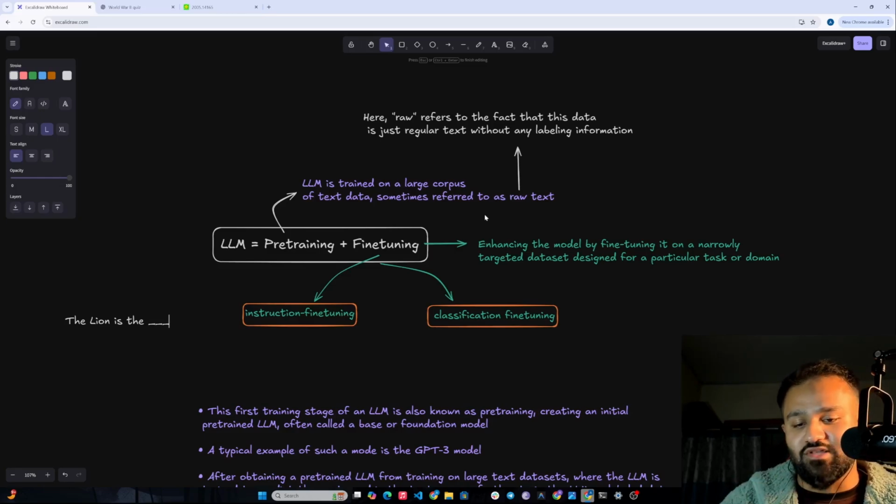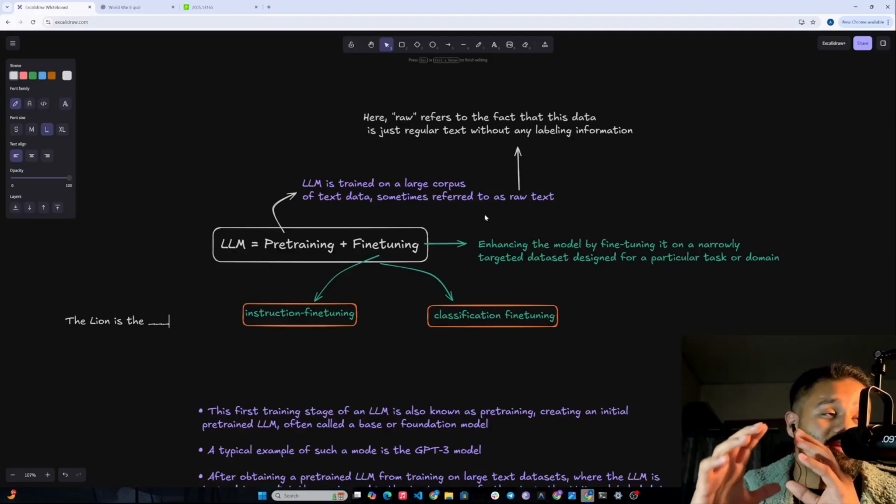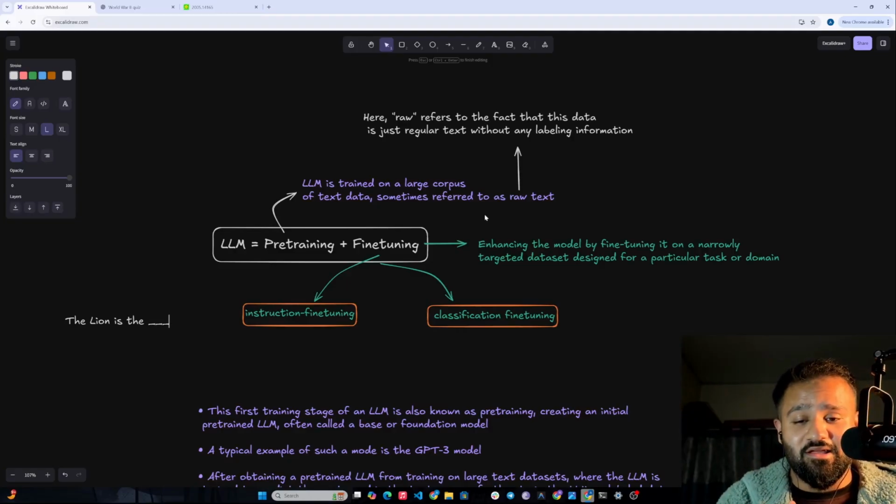So Harvey solved this problem by fine tuning GPT on thousands of legal documents, and suddenly the model became specialized for reviewing contracts, extracting clauses, summarizing legal cases, and drafting legal arguments. This is fine tuning at its best, you can say.